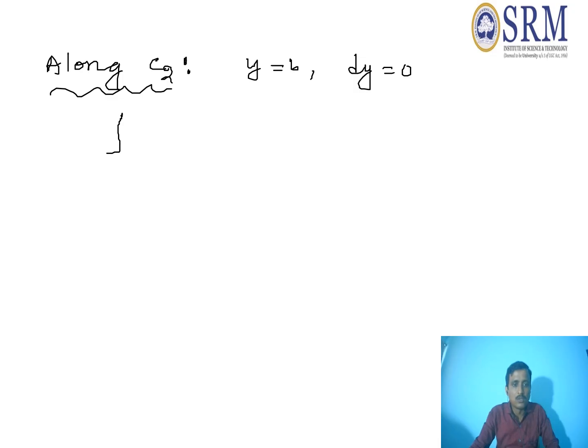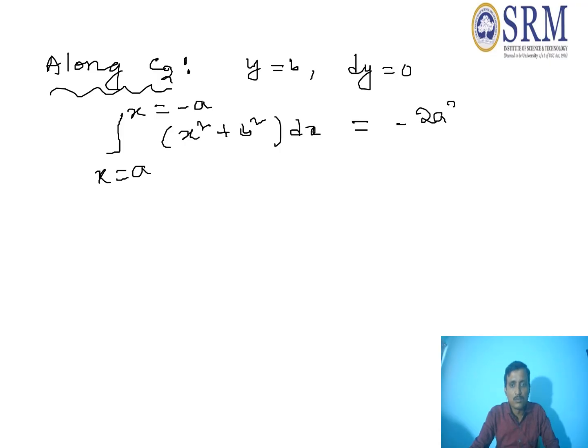Along C2 you will get x from a to minus a, and x square plus b square dx. Now if you do these integrations you will get minus 2a cube by 3 minus 2ab square.